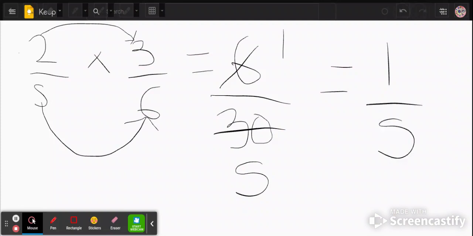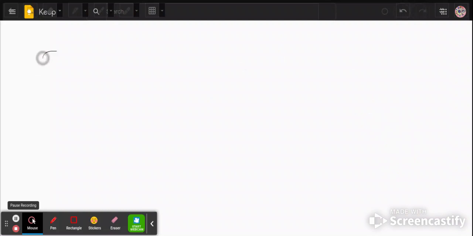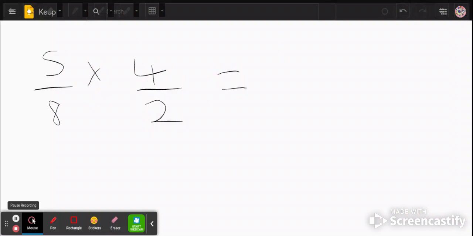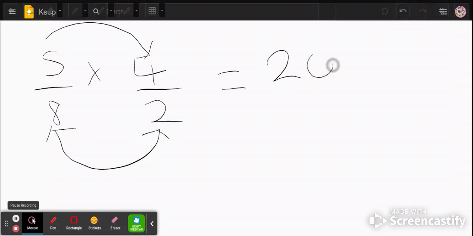All right, let's proceed. We have 5 over 8 multiplied by 4 over 2. As mentioned, you multiply from numerator to numerator and from denominator to denominator. So 5 times 4 is 20, over 8 times 2 is 16.